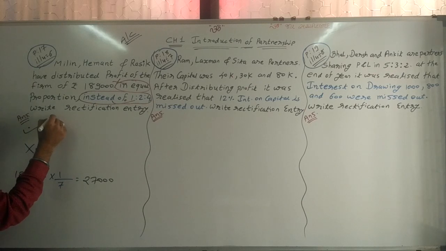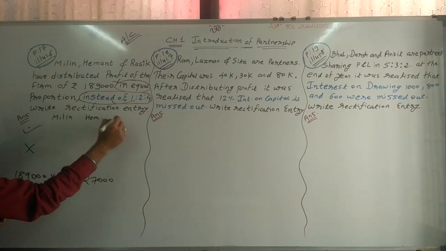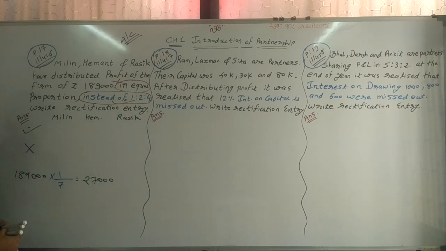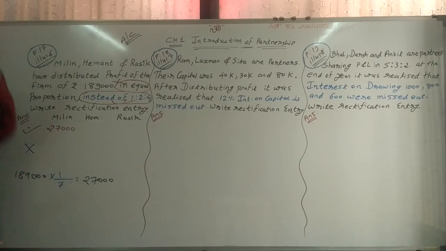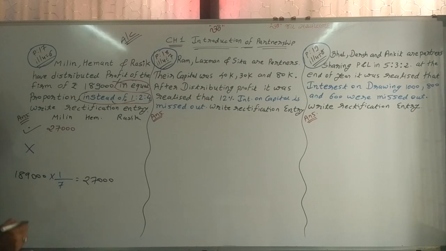So for the 3 partners, Milling, Hemant, Rasik, we write 27,000 for Milling. Now for the second, 2 portion is there: 1,89,000 into 2 divided by total 7.